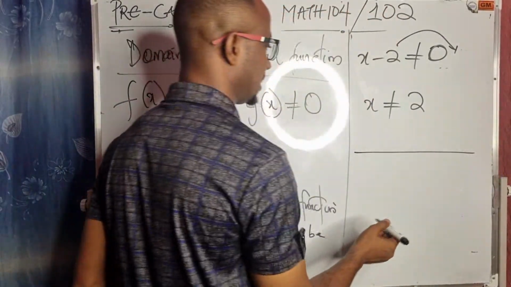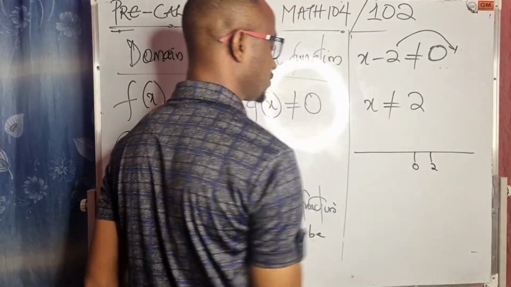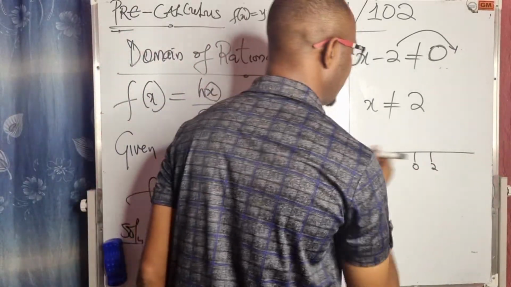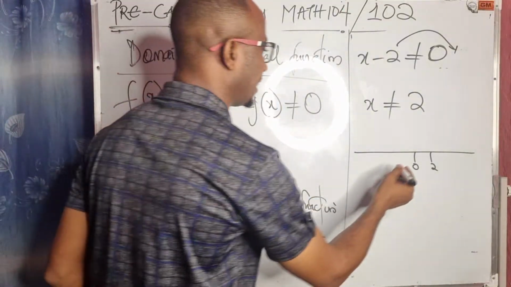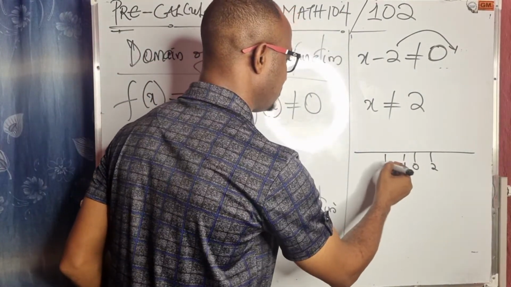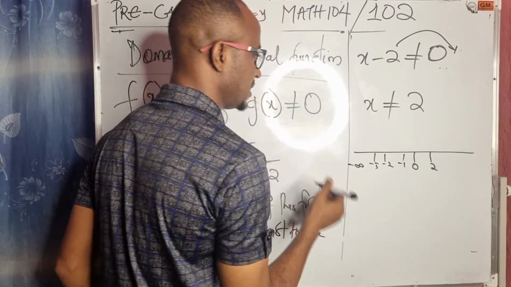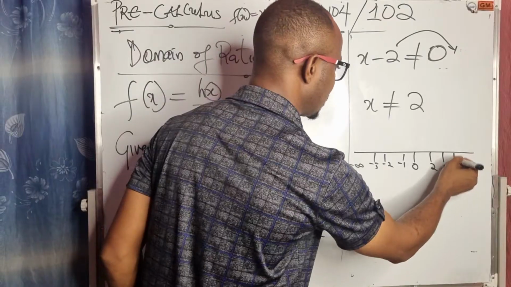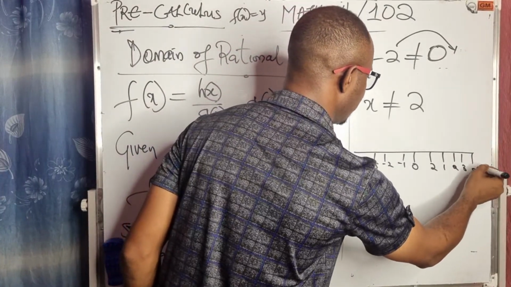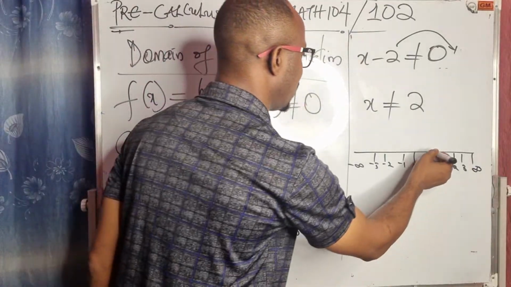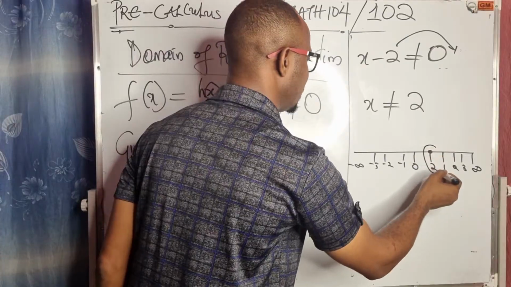Now let's see how we can do that together. Here we have 0, and here we have 2. All the values of x on this number line go to minus 1, minus 2, minus 3, so minus infinity, and here we have 1, 2, 3, and plus infinity. It simply means all the values of x apart from this.